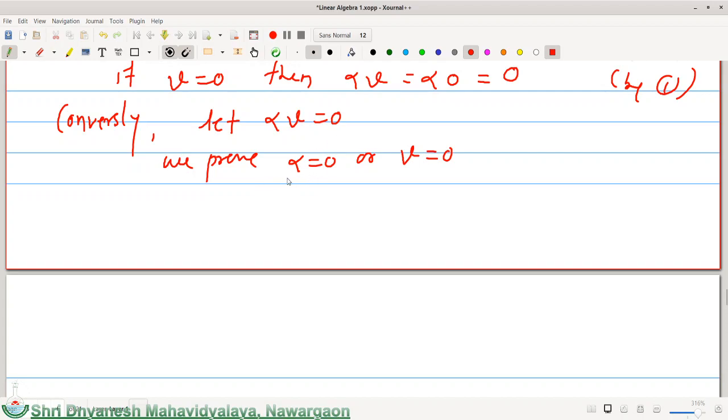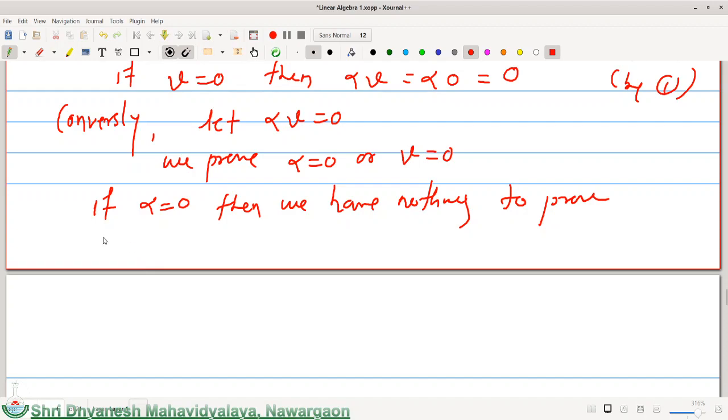So we assume alpha is not 0. So we must get, if alpha is not 0, v is equal to 0. So if alpha is equal to 0, then we have nothing to prove. Okay, so assume alpha is not equal to 0.